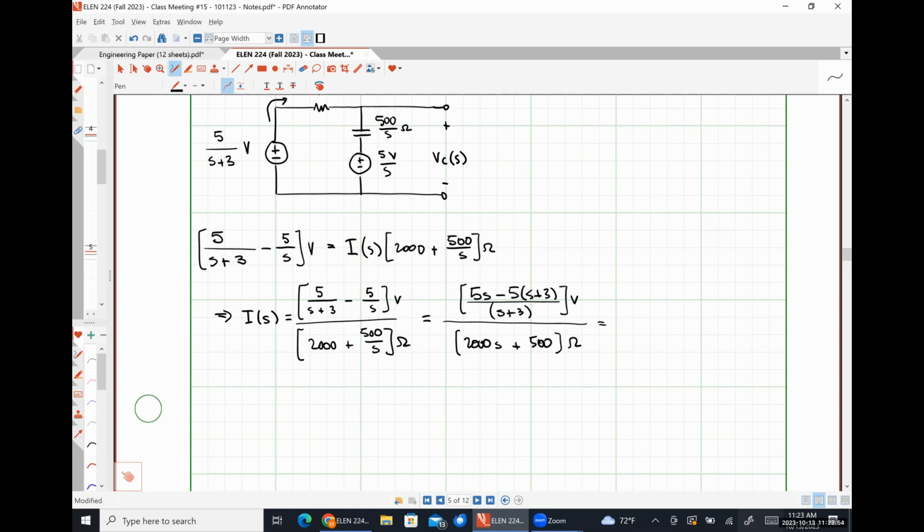Negative 15 over S plus 3, where the units of this thing is amps. Are we okay with this? Anybody got beef with my algebra? I'm bad at it, so it's okay if you do, but I think this is correct.